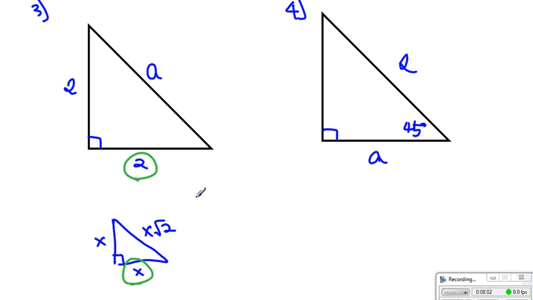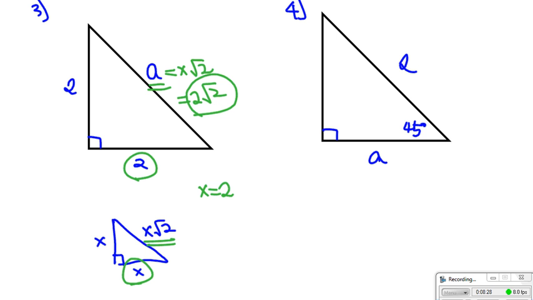We have 2. That means, from between these two triangles, x must be equal to 2. What is A? A actually corresponds to x radical 2. That means A must be equal to, since x equals 2, 2 square root of 2. That becomes our final answer.